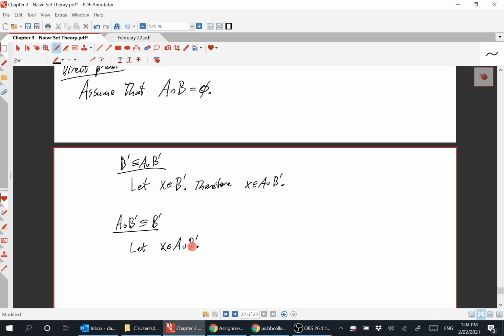Well, by definition, because X is in A union B complement, that means that X is in A or X is in B complement. The second case is our desired outcome.